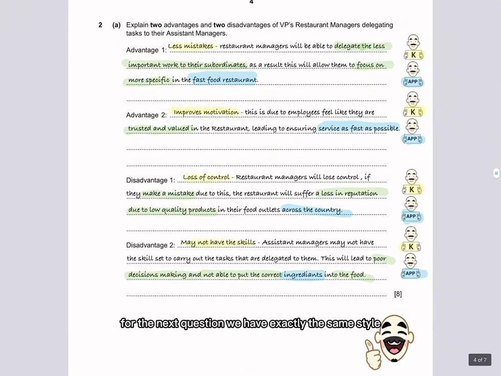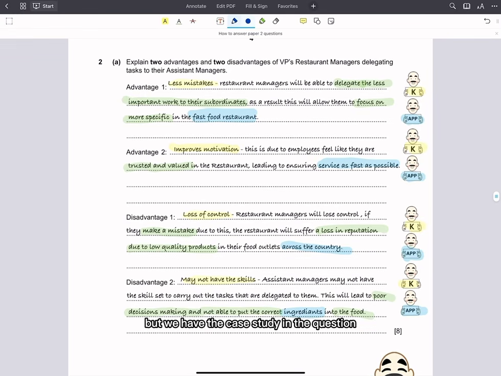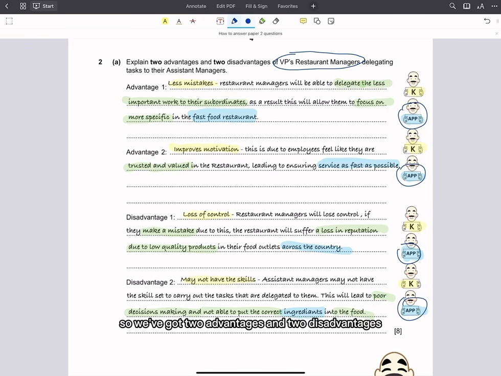So in the next question, we have exactly the same style, but we have the case study in the question. So when we have the case study in the question, there are 4 application marks allocated for this question. So we've got 2 advantages and 2 disadvantages. So we've got 4 knowledge marks for the identification of the correct knowledge, and then you need to explain it, but you don't get any marks for the explanation, unfortunately, but you will get marks for the application points.